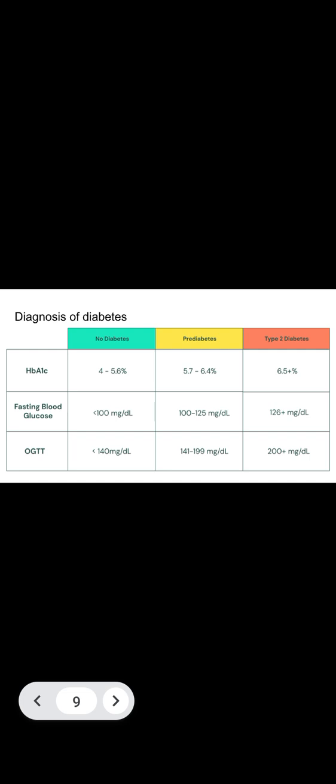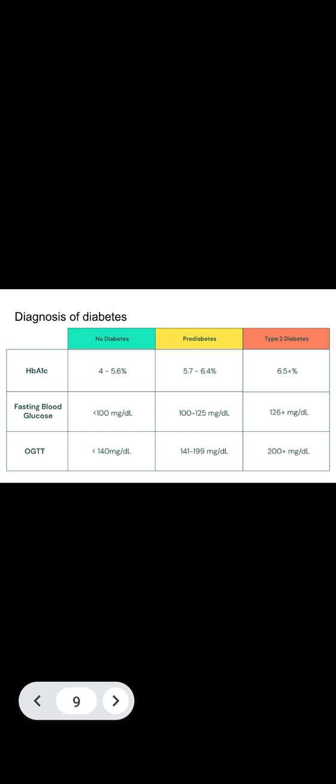In pre-diabetes, from 5.7 to 6.4, and in diabetics, it's 6.5 or more. The fasting glucose, in non-diabetics, is usually less than 100 milligram per deciliter. In pre-diabetes, you find it from 100 to 125 milligram per deciliter, and in diabetics it's more than 126 milligram per deciliter.